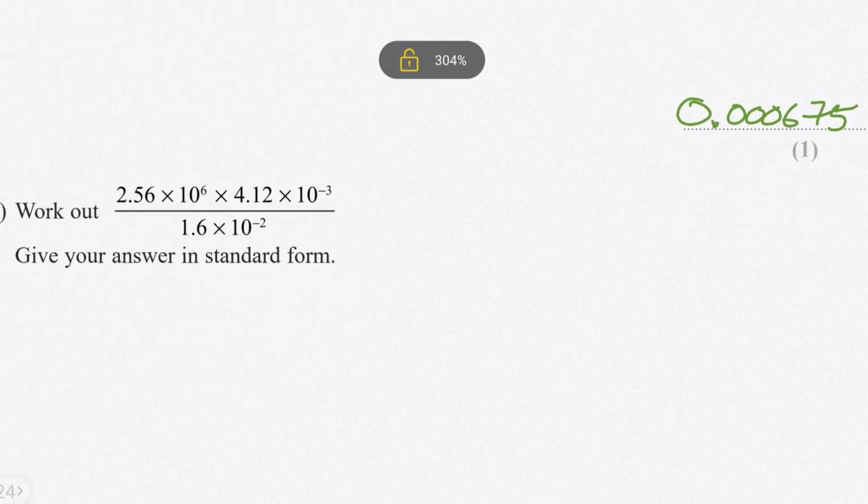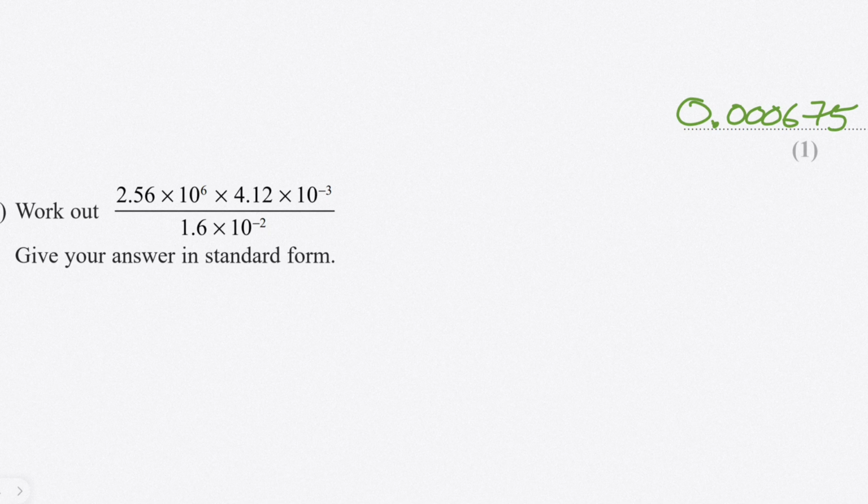Work out 2.56 times 10 to the power of 6, then multiply by 4.12 times 10 to the power of minus 3, then divided by 1.6 times 10 to the power of negative 2.